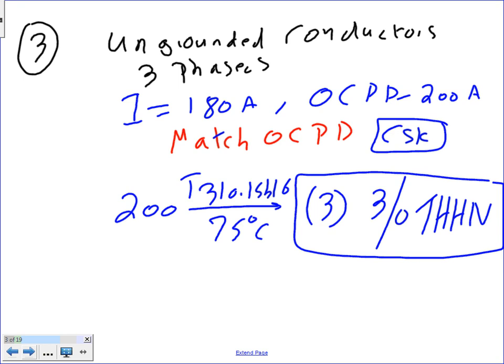The reason I put the insulation is because I need to size the conduit later. A question: it doesn't say THHN in the 75 degree column. THHN is rated for 90 degree.